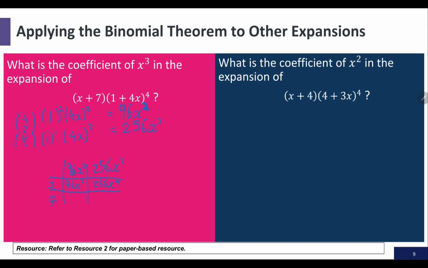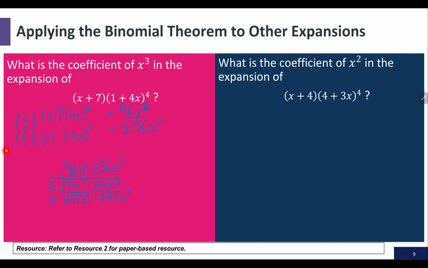This one here becomes 7 times 96. We don't need to work it out because you can see the power is only going to be x squared. 672x squared. And that one down there, that's 256 times 7, which is 1792 x to the power of 3.